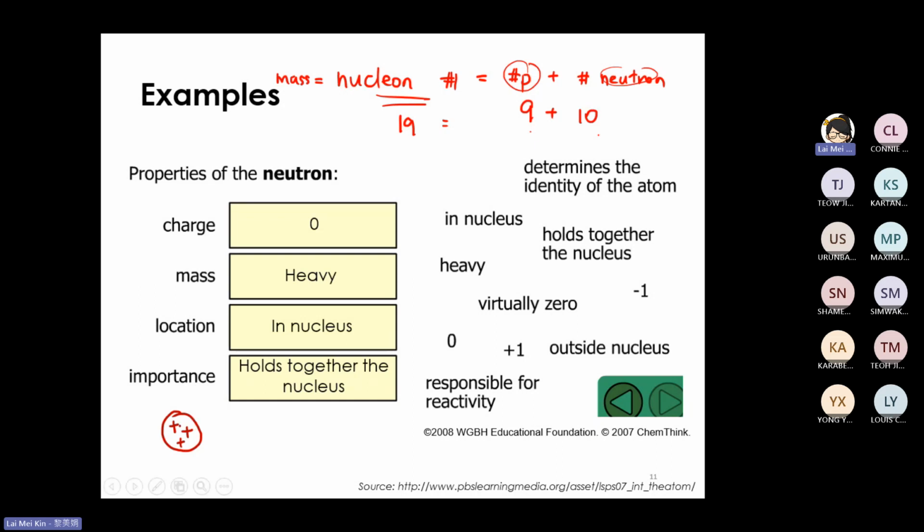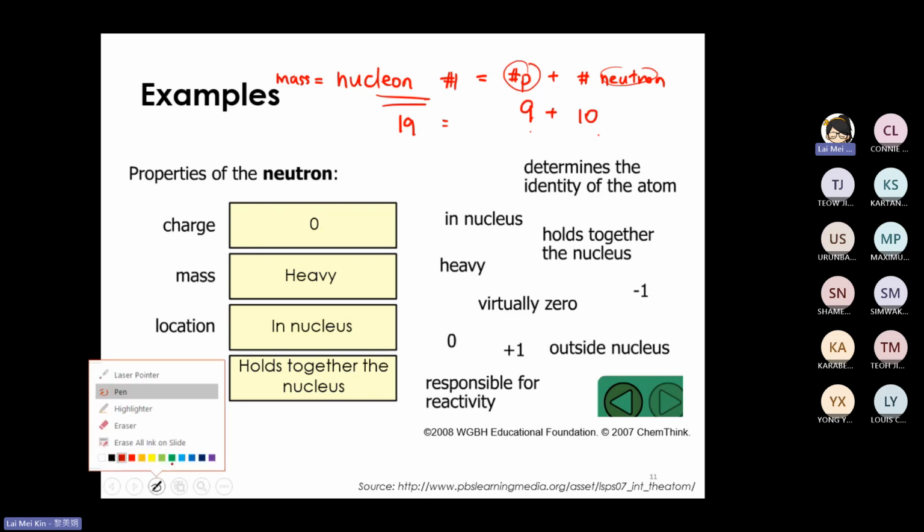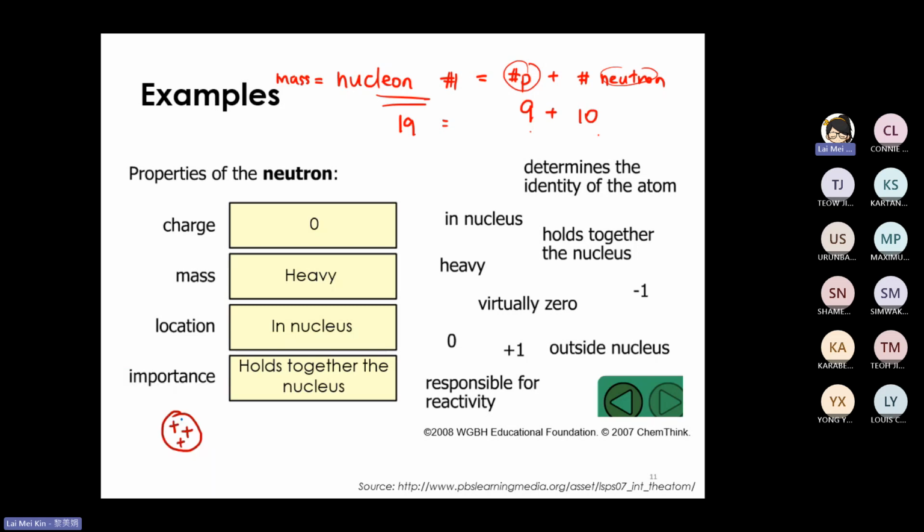We know that same charge, proton and proton, what do they do? Repel each other. If there are only protons in the nucleus, they are going to repel. That is why we have to put in something which is neutral. The neutron can get in between the protons and prevent so much repulsion, so it can hold together the nucleus.